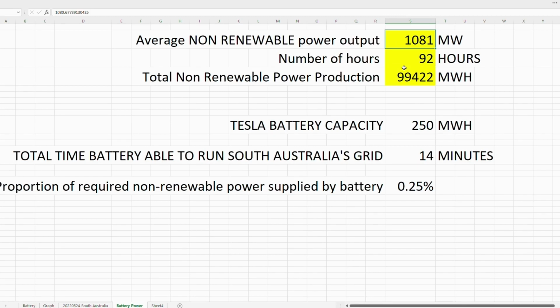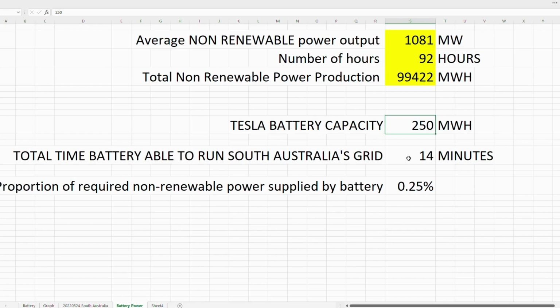So the Tesla battery was much celebrated, and it was brought in as the answer to these gaps in the renewable power production, so that when the wind doesn't blow and the sun doesn't shine, the Tesla battery would act as a storage grid. So after much digging, I found out that the Tesla battery has a capacity of 250 megawatt hours.